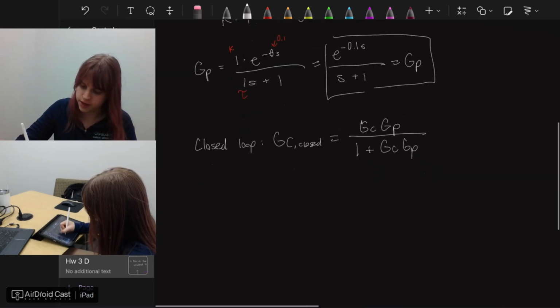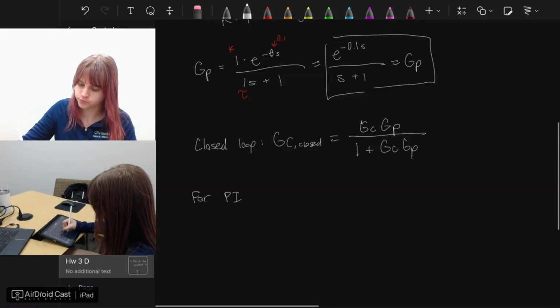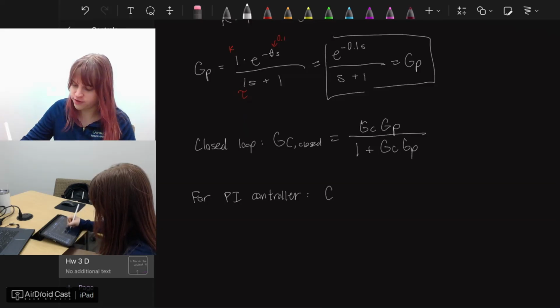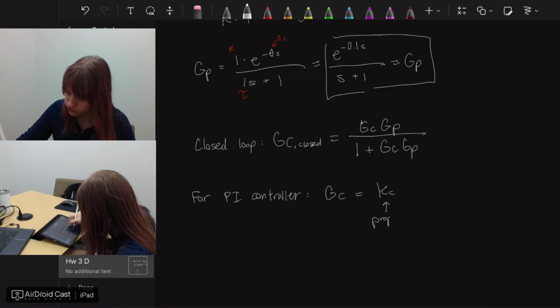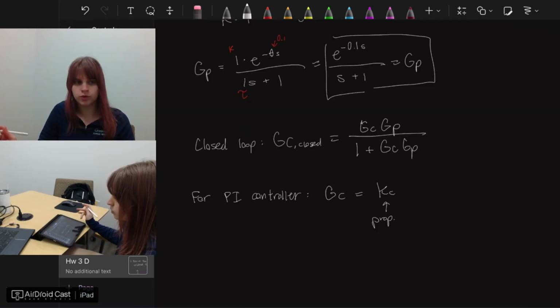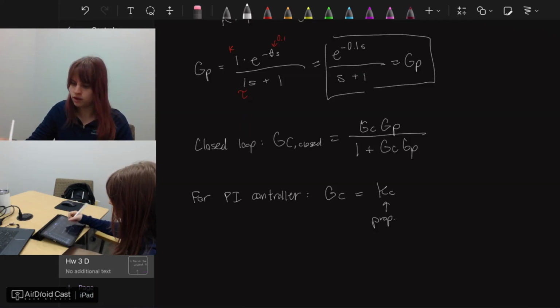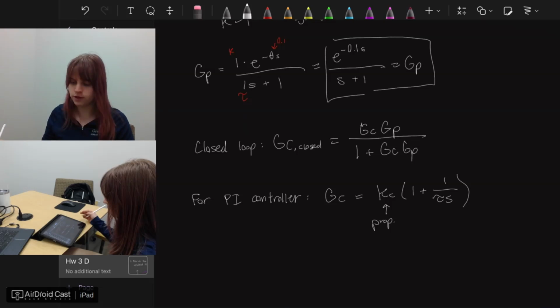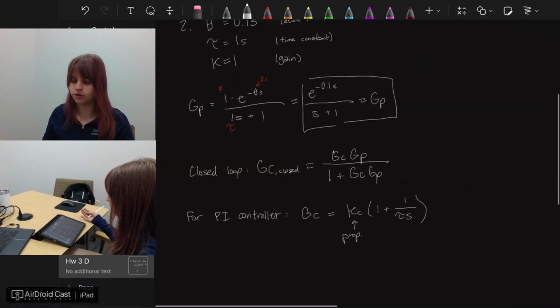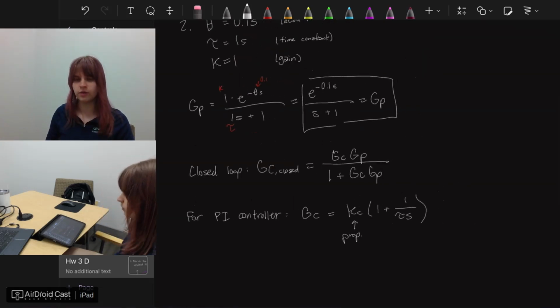For our PI controller, we have GC equal to KC, so this is the proportional controller portion, times 1 plus 1 divided by tau s. Keeping this in mind, I'm going to jump into the code to simulate what I described.